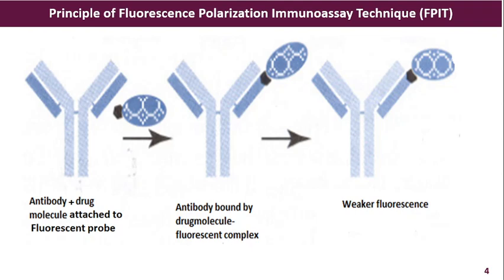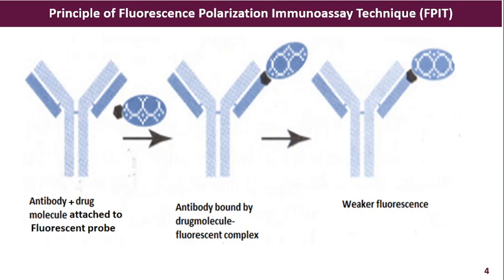And that polarization will be of different index compared to the antibody bound to the plain drug molecule, because the drug molecule per se will be of smaller molecular weight compared to drug molecule complexed with fluorescent probe.